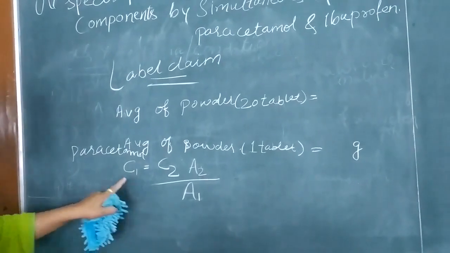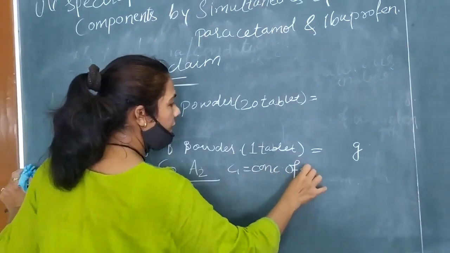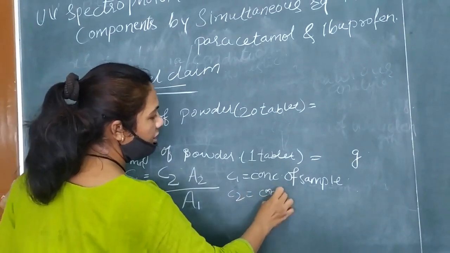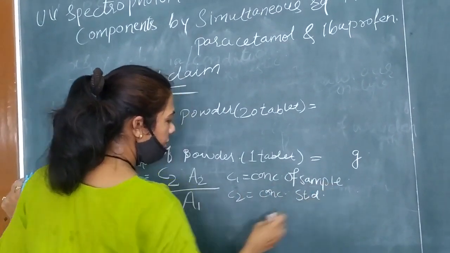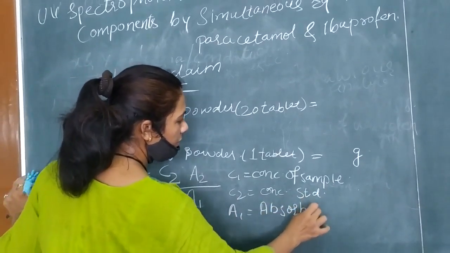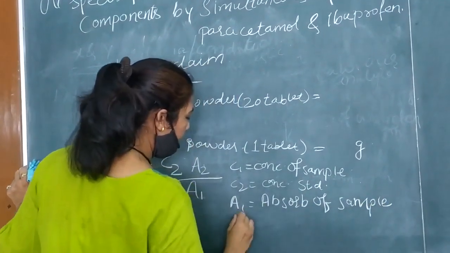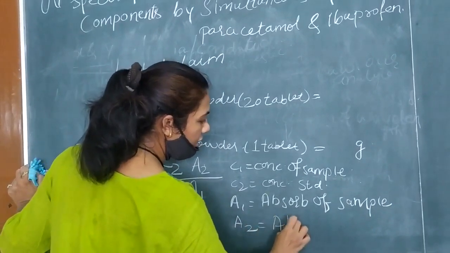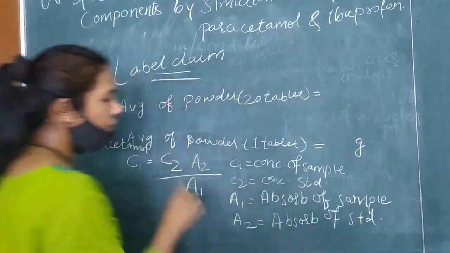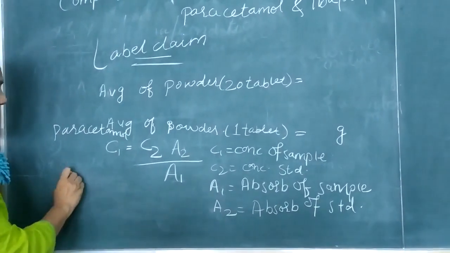C1 is the concentration of the sample, C2 is the concentration of the standard, A1 is the absorbance of the sample, and A2 is the absorbance of the standard. From this method you will get the concentration of paracetamol. The same process will be followed for ibuprofen also.